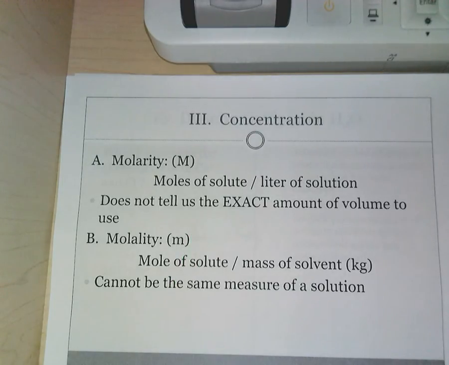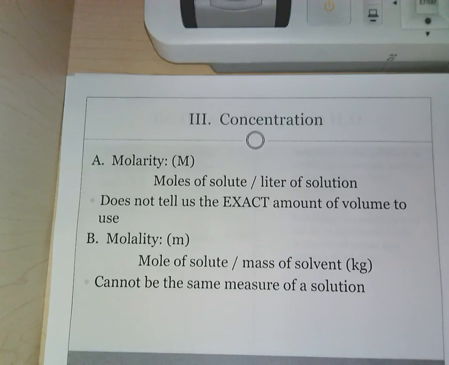So in lab, probably like 2 weeks ago, you were making your vinegar solutions. So you took your 25 mLs of vinegar, pipetted it into the volumetric flask. How much water did you have to add? Did you measure water to add, or you just dilute to the line? Dilute to the line. So do you have any idea of how much water you added? Not really. You have a ballpark guess.